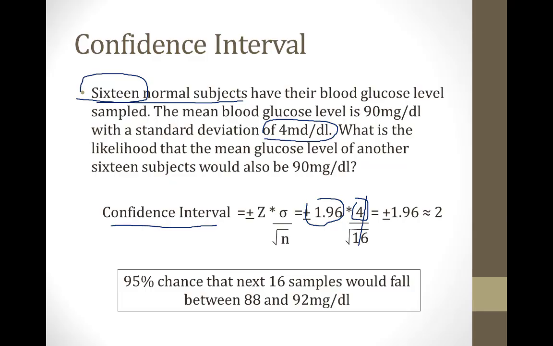These numbers are going to cancel out, and we're going to get plus or minus 1.96, which is basically plus or minus 2. So our confidence interval is plus or minus 2. This means that there's a 95% chance that the next 16 samples would fall between the mean value of 90 plus or minus 2, which is between 88 and 92. So that's the way we can state our confidence in the mean value that we got from our sample set.